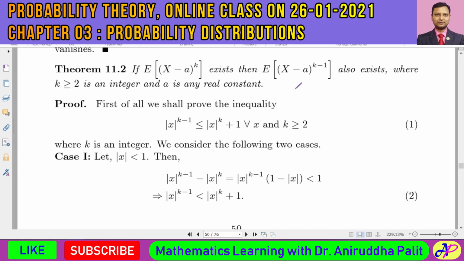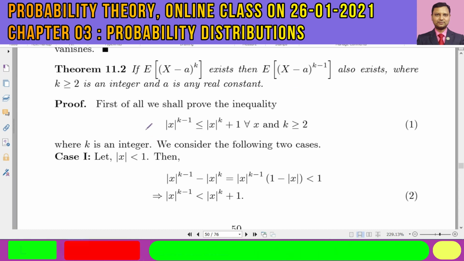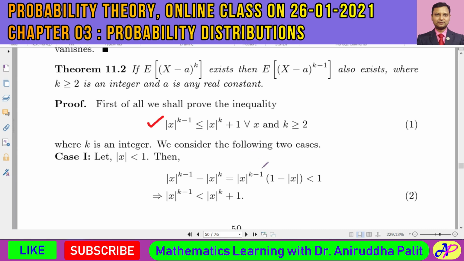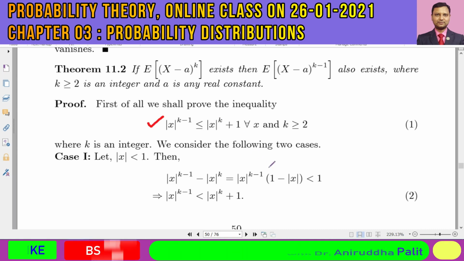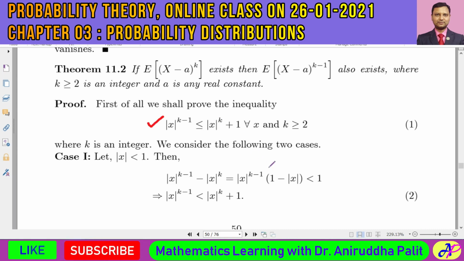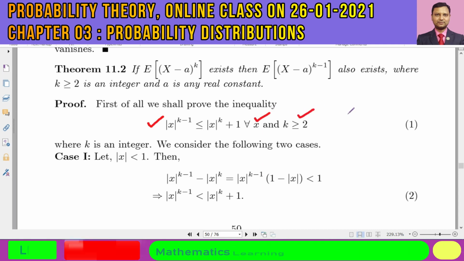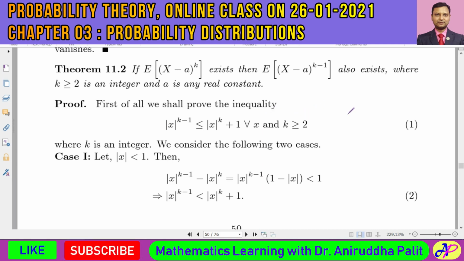And the proof is actually divided into two parts. First we shall prove an inequality, modulus of x to the power of k minus 1 is less than or equal to modulus of x to the power of k plus 1 for all real numbers x and k greater than or equal to 2.